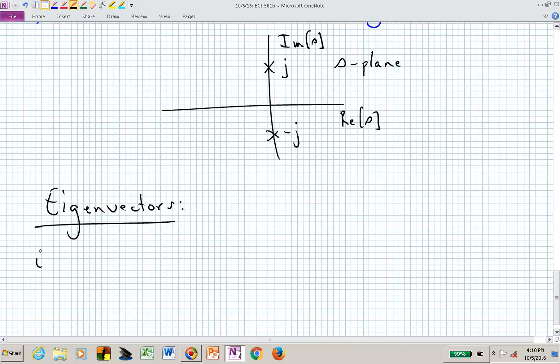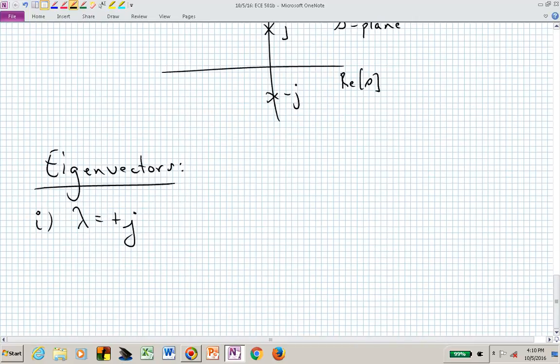Now what we do is we look at each particular eigenvalue in the eigenvalue-eigenvector equation. Let's now look at the case where we have our eigenvalue in the upper half of the complex plane. Let's say it's plus j. Now we have our eigenvalue-eigenvector equation, which was minus w2, w1.